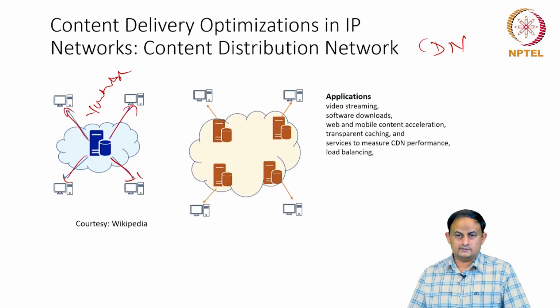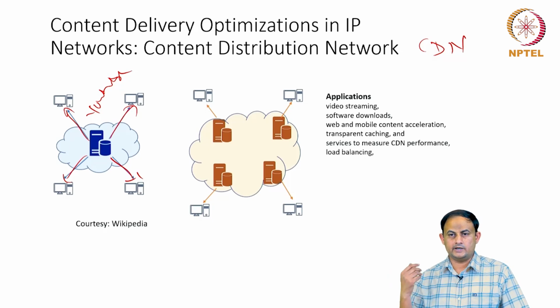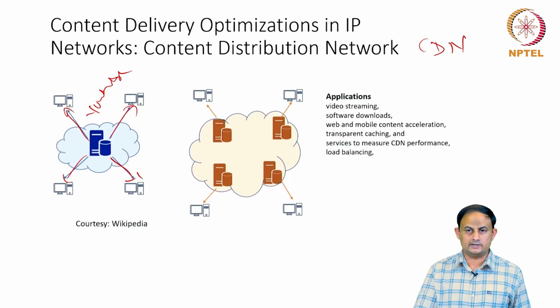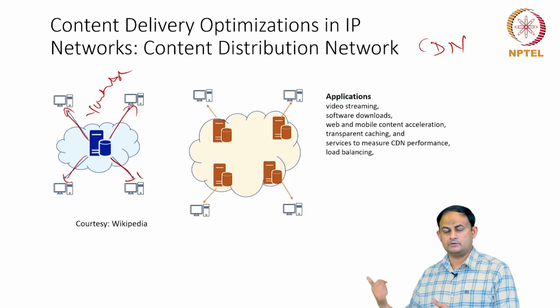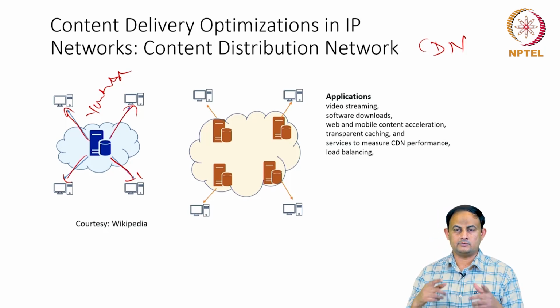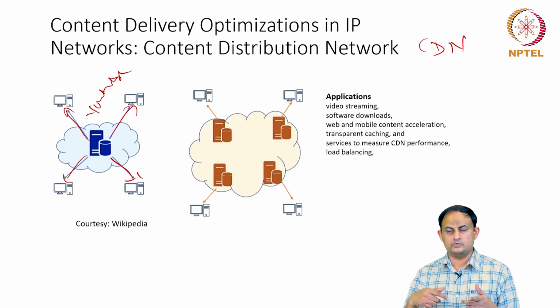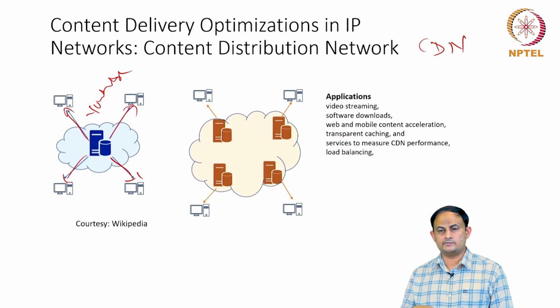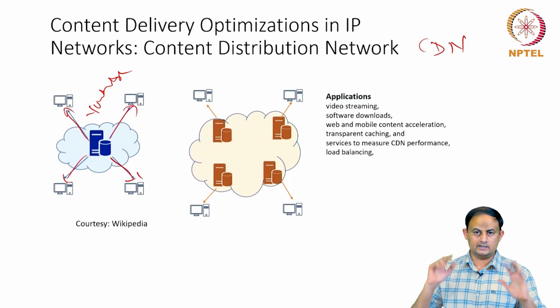But consider the sheer distance and the number of routers in between. Let us say the consumer is located in India and the YouTube server itself is located in the US. Distance wise, the request has to go via many intermediate routers, maybe around 20 routers.